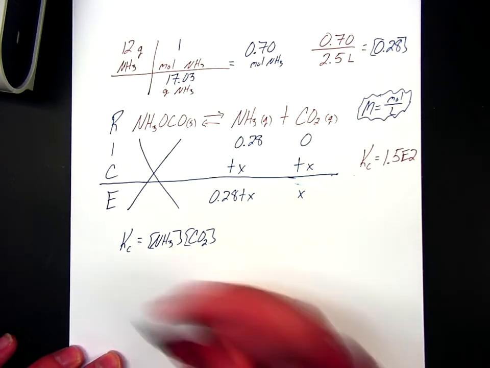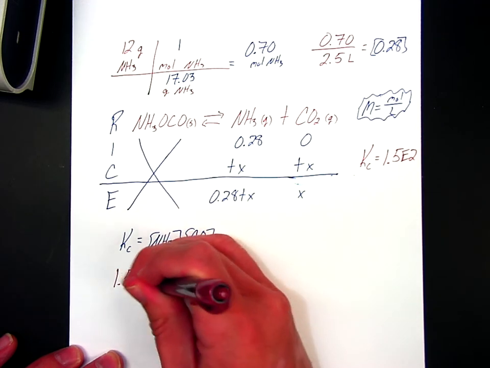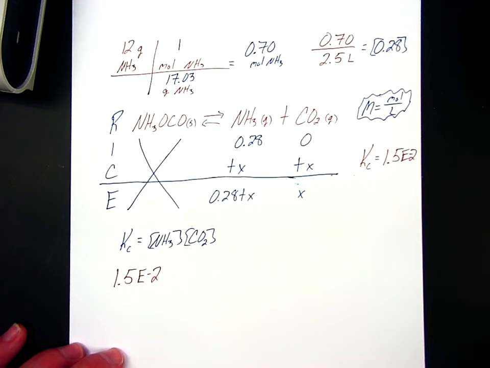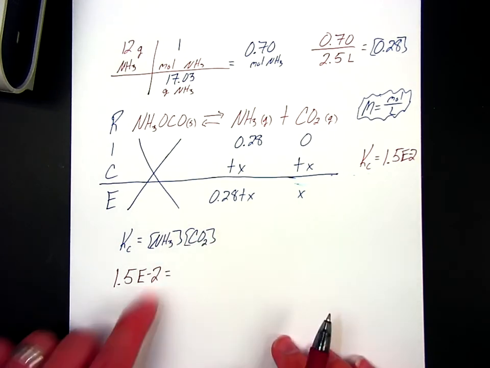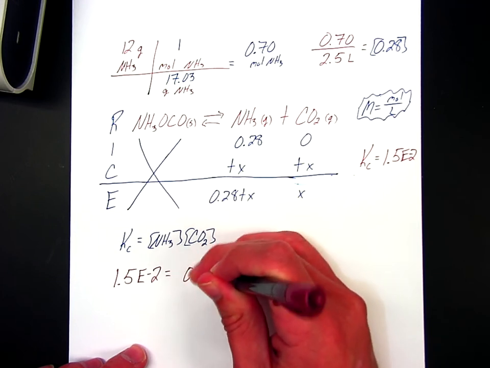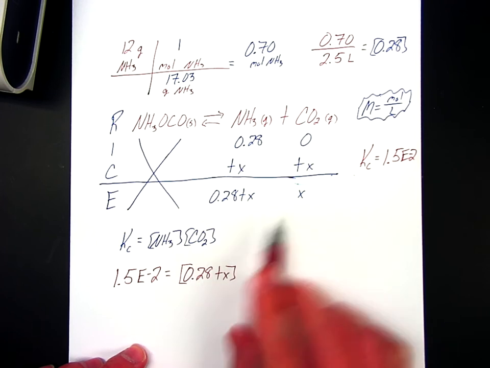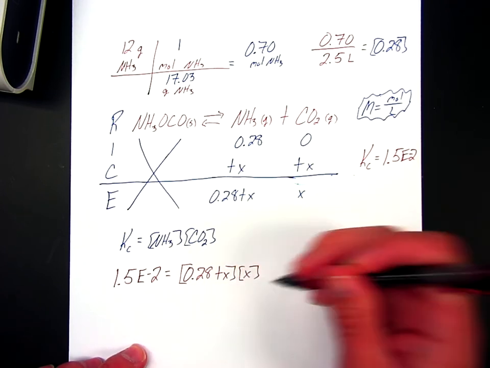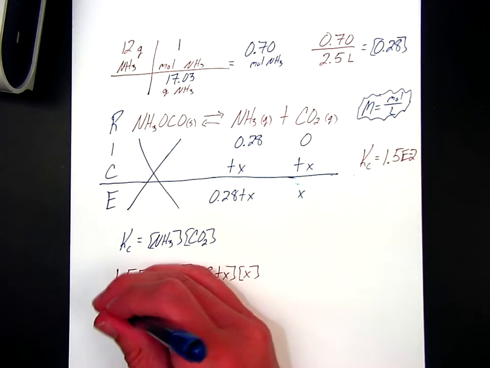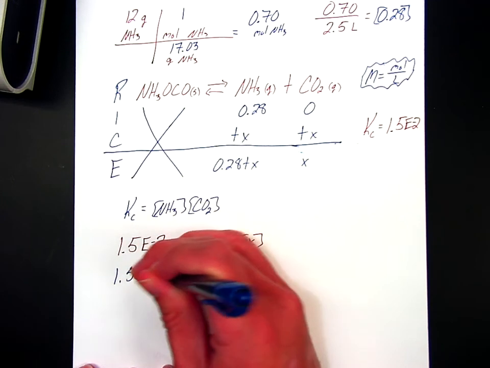So let's plug in. We have a Kc of 1.5 E negative 2. And I'm going to set that equal to the NH3 equilibrium, which is 0.28 plus X. And then the carbon dioxide is just X. All right, we can start to simplify this, which will be 1.5 E negative 2.